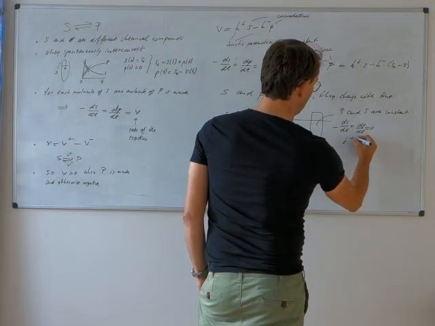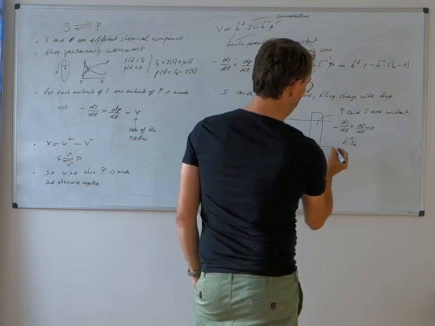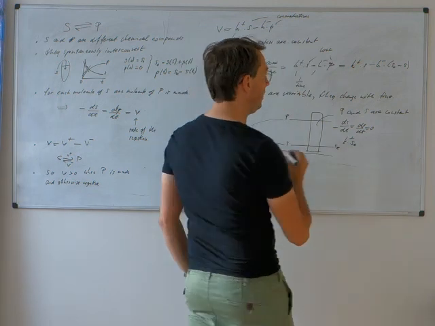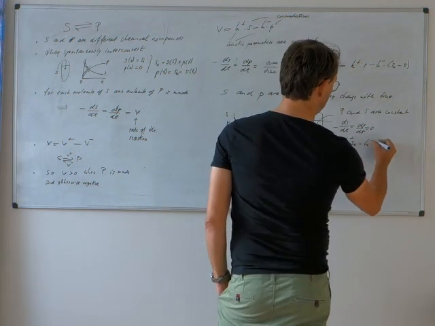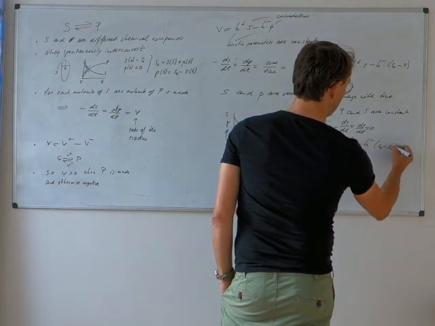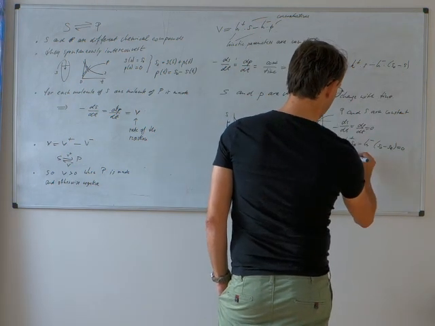So what is then the concentration of S? Well, denote the constant concentration of S now as Se. You get minus Se is 0, using this equation, setting it to 0.